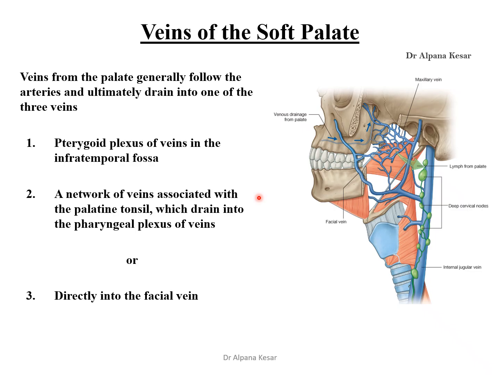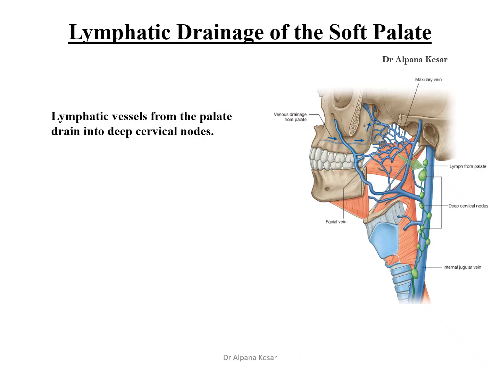A network of veins associated with palatine tonsil which drain into pharyngeal plexus. 3. Or it may directly drain into the facial vein. Lymphatic drainage of soft palate is into deep cervical group of lymph nodes.